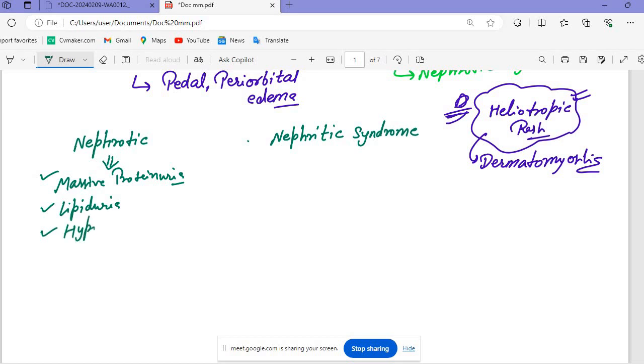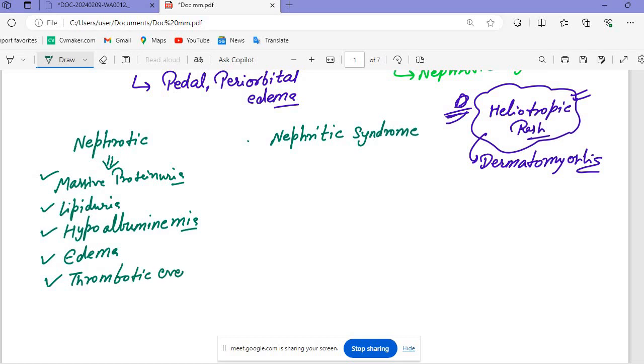That is hypoalbuminemia. Then the patients will have edema. As I just told you, there can be pedal edema, there can be periorbital edema. Other than that, there will be a thrombotic event.